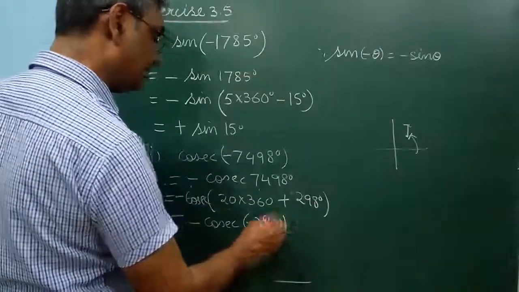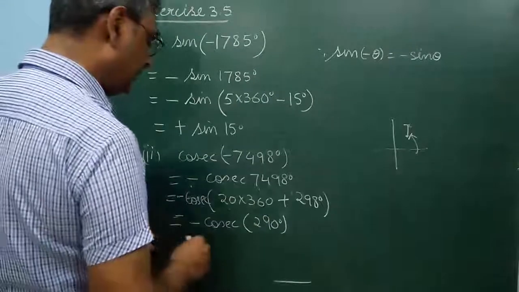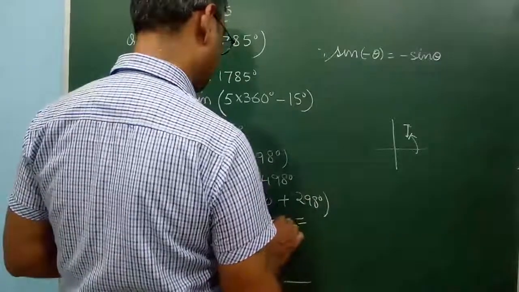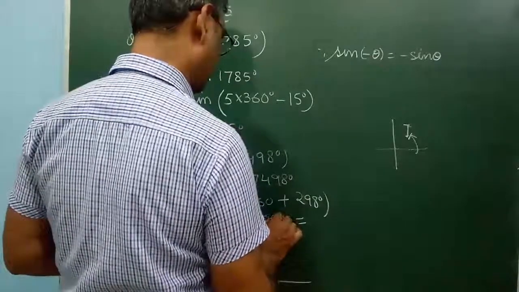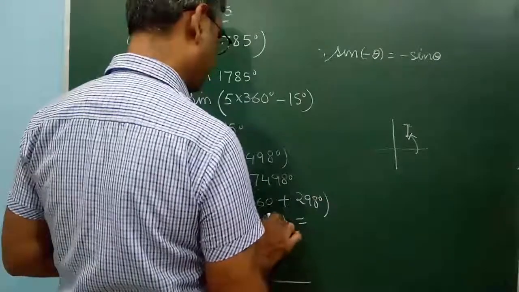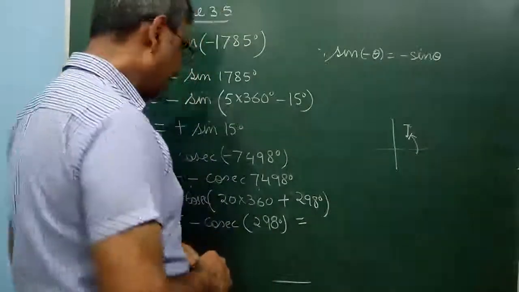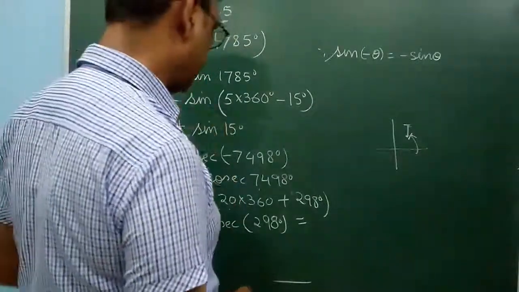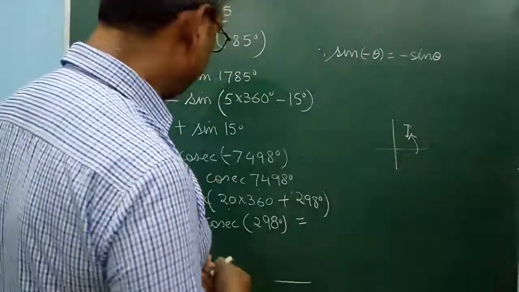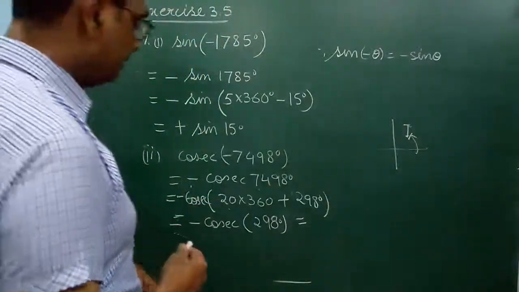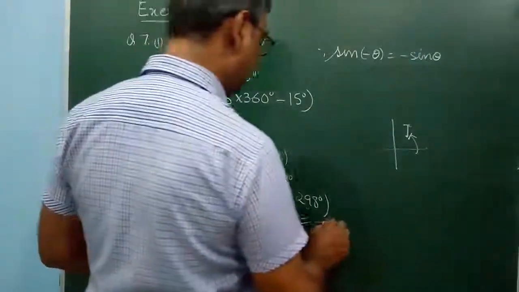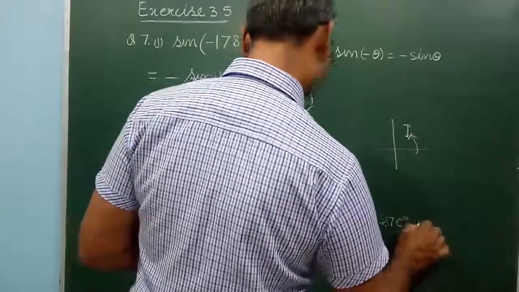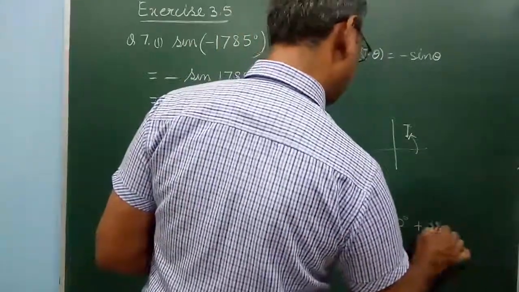Now cosec 298 degree will be how much? You can find it. So we can write minus cosec of 270 plus 28 degree.